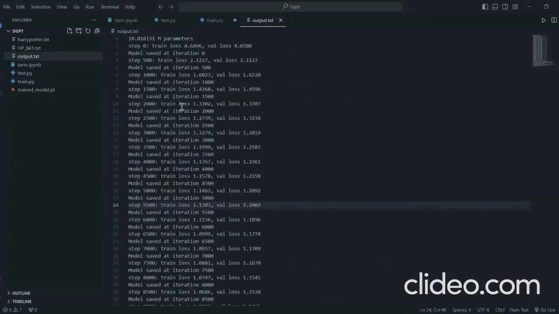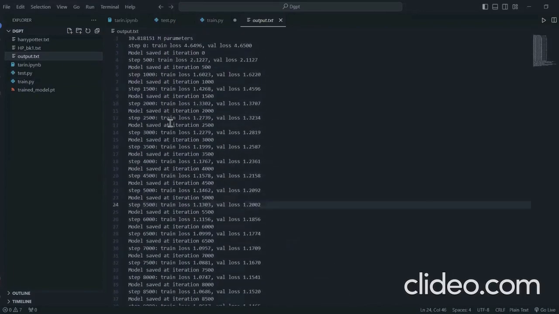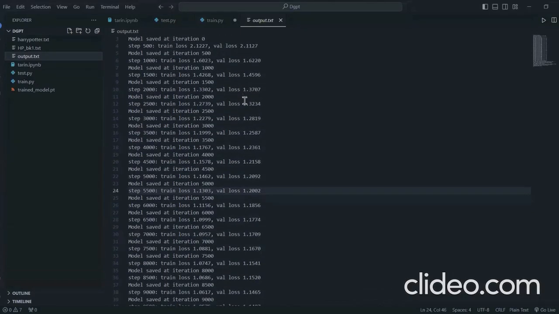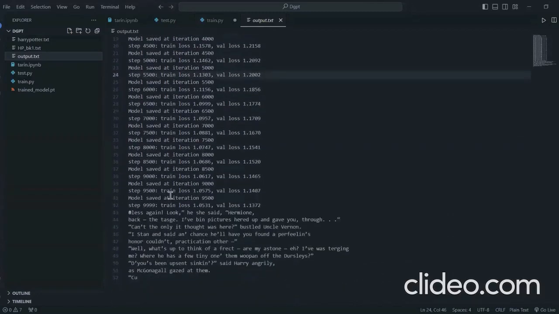And as you can see here, we have listed the output that it generated. It had around 10 million parameters, and it took around 10,000 iterations with training loss and validation loss. With each iteration, the loss was decreasing and there was no overfitting.